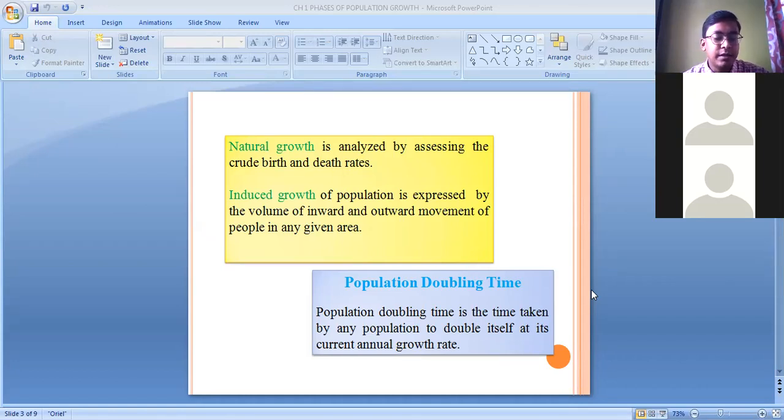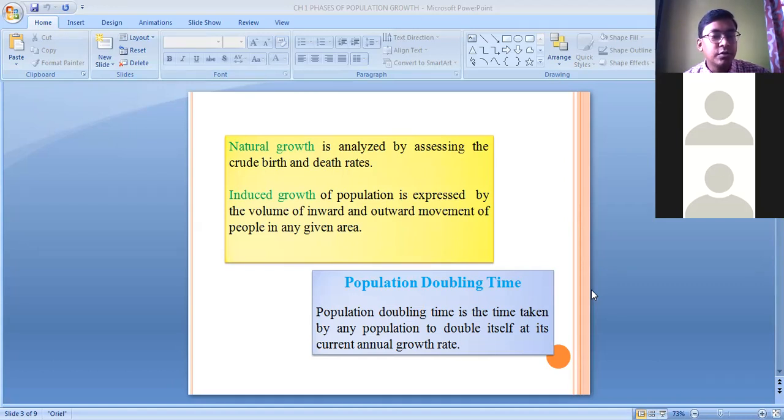Just take an example. The total population of any city, suppose the city name is A, and the total population of city A is 5 lakh. The population is increasing at the rate of 10% per year. So the time it will take for this 5 lakh population to double itself at the rate of 10% per year is known as the population doubling time.